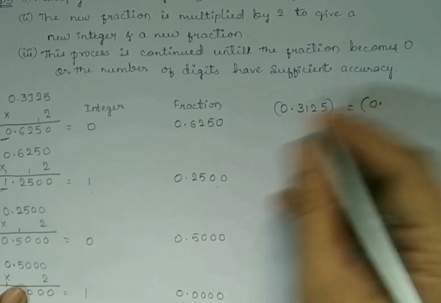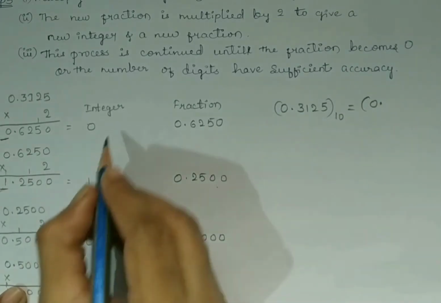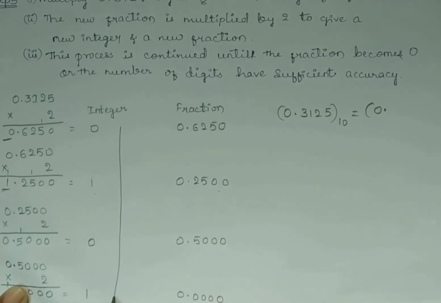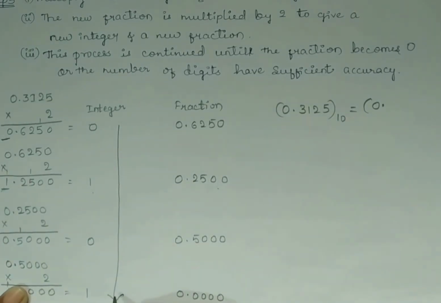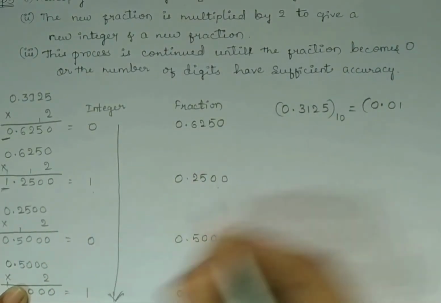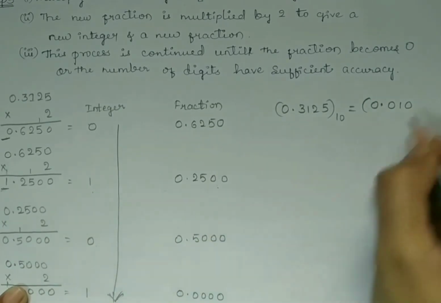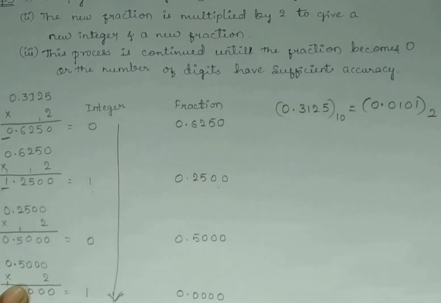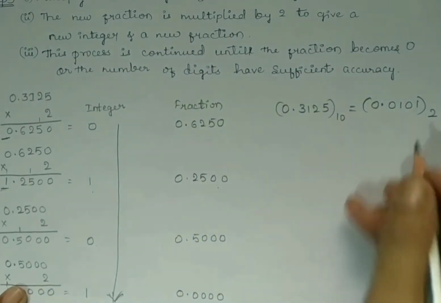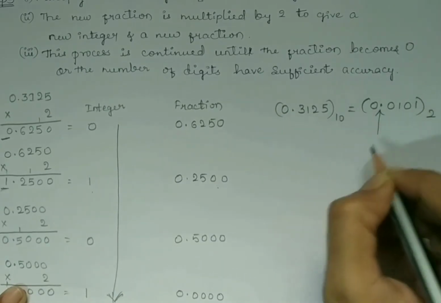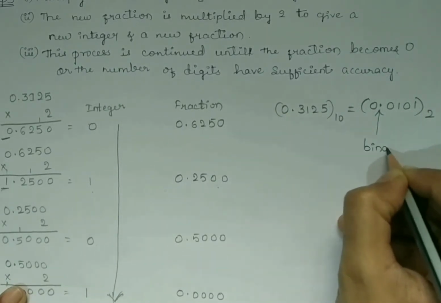So for 0.3125, this value you will write in downward direction. So 0, 1, 0, 1 to the base 2. This is called the binary point.